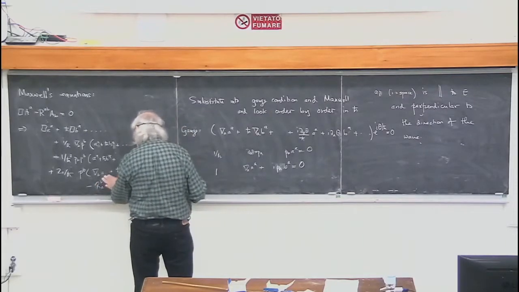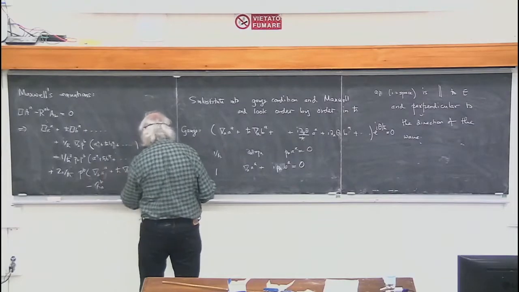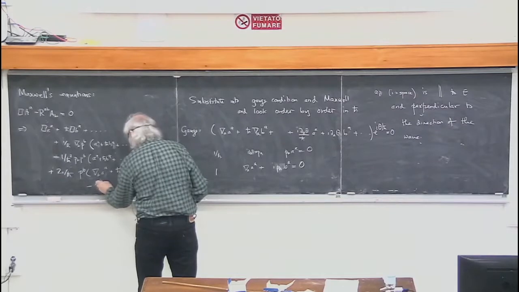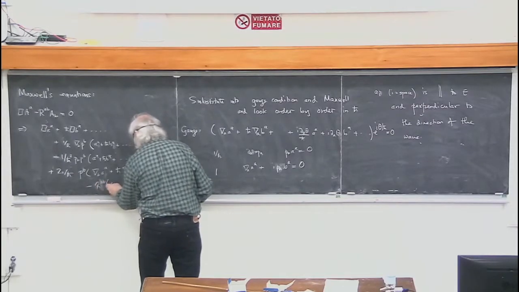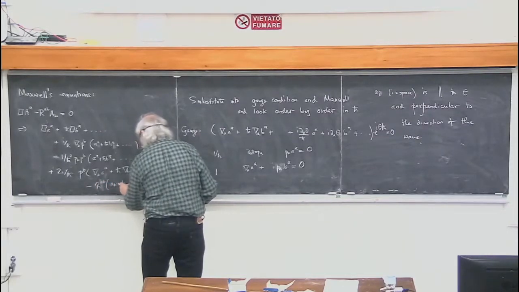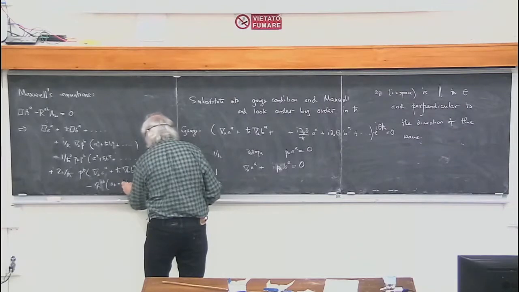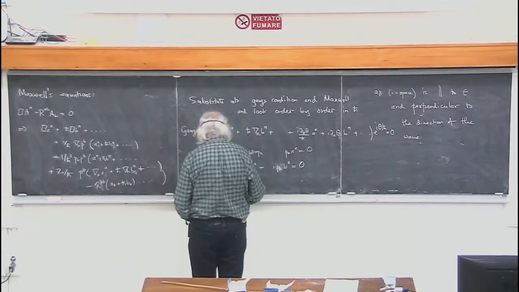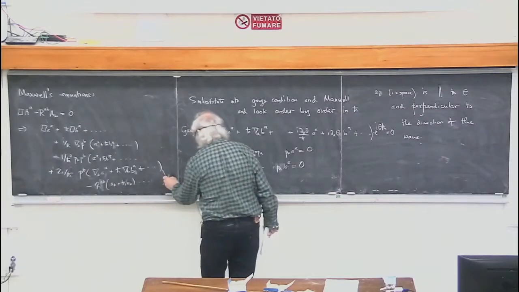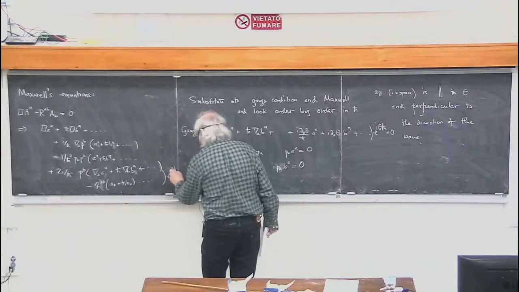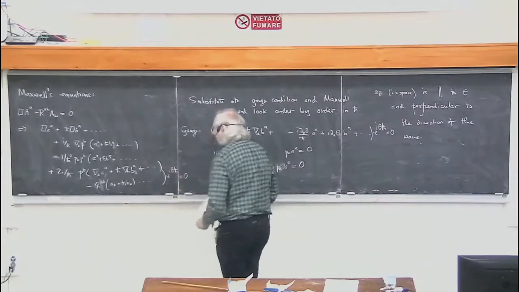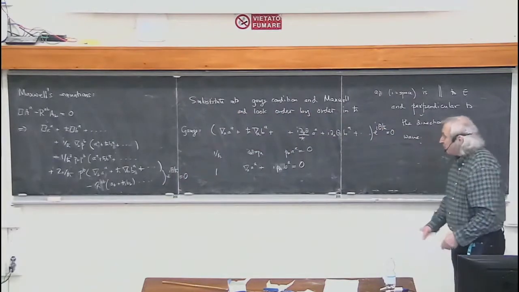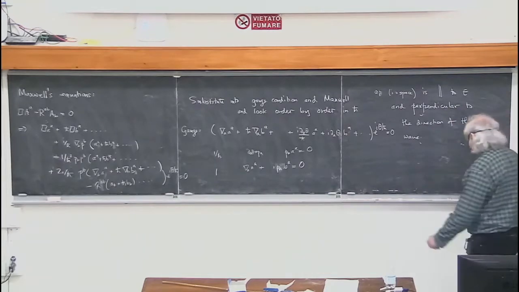Got my A's going the wrong way. All times e to the iθ over ħ. So that's a complicated looking thing. Fortunately, we don't need most of it.